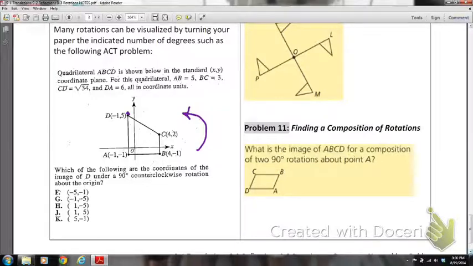If you turn your paper sideways a quarter of a turn, point D is going to be D prime, and it's going to go here, and it's going to be F, -5, -1. So that's the easy way to do some of those problems.